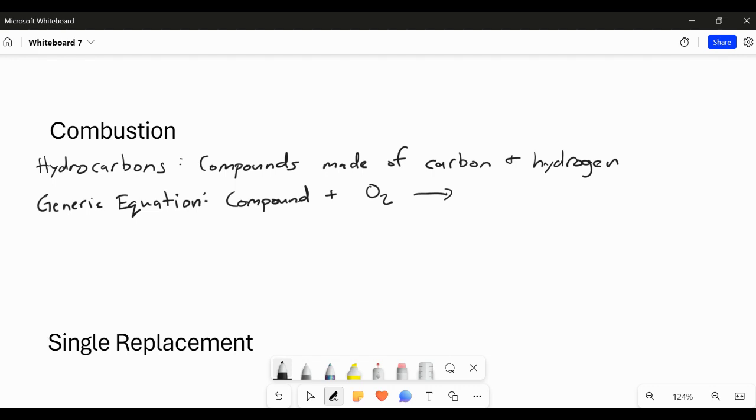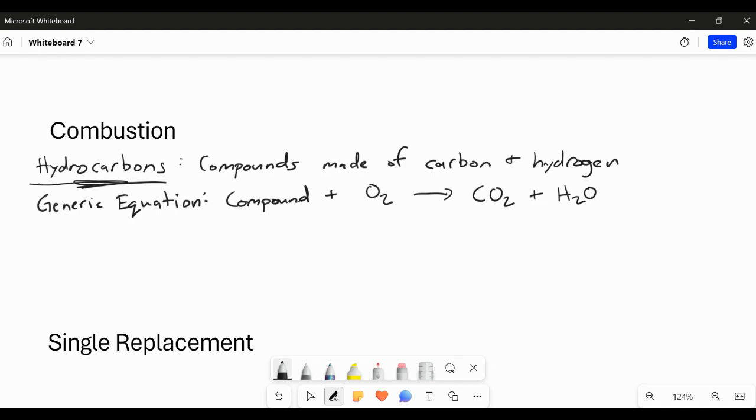Because we're dealing with just hydrocarbons here, our oxidized compound is going to be carbon dioxide, which has oxygen in the compound. It's also going to form water.